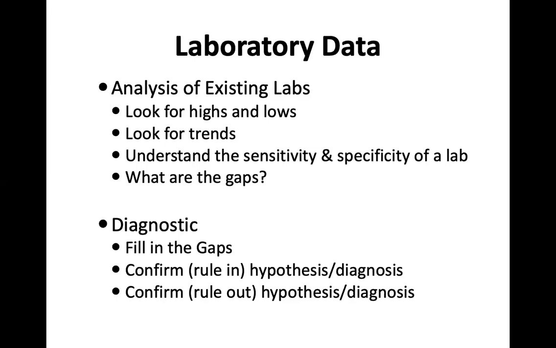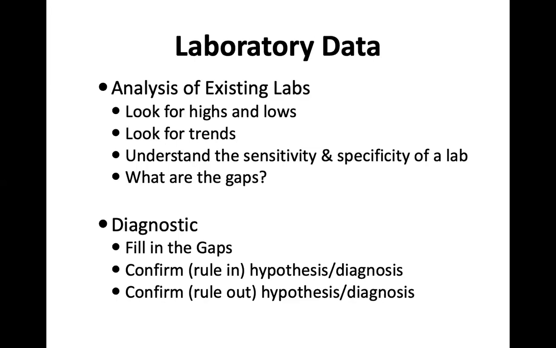Again, when I look at my laboratory data, what don't I have? What don't I have that I need to follow up with? So I always look at the gaps. For example, if I'm looking at a hemoglobin or a CBC, complete blood count, I want to look at those red cells, and I might have something that looks like an anemia.